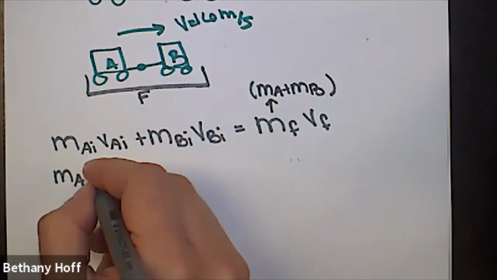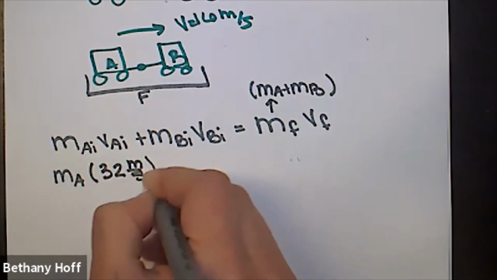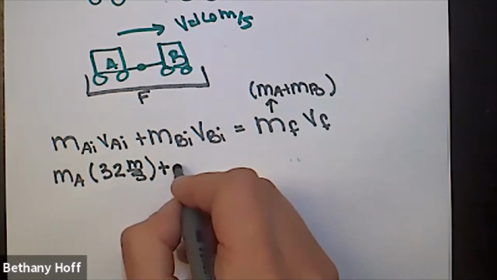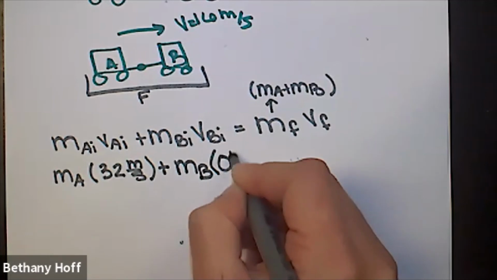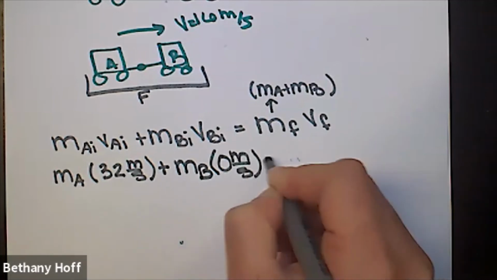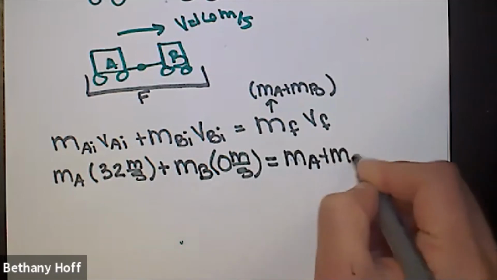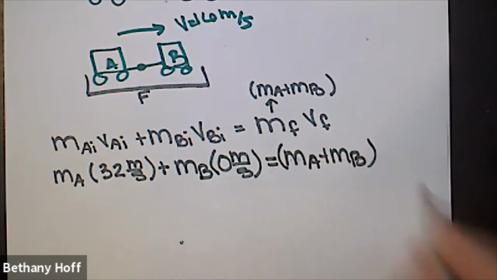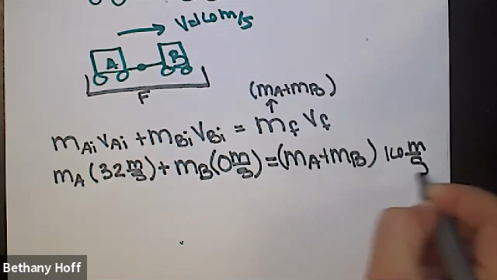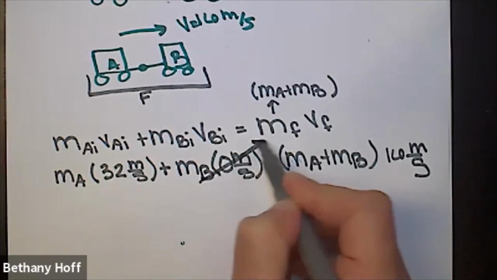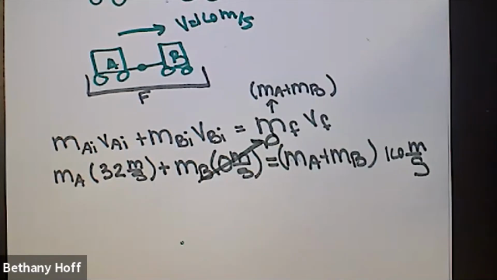And we know the velocity of A is 32 meters per second, plus mass B times its velocity, which we know is 0 meters per second, is going to equal MA plus MB times the final velocity, which we were told is 16 meters per second. So the second term actually goes to 0 since it's not moving. It has no momentum.